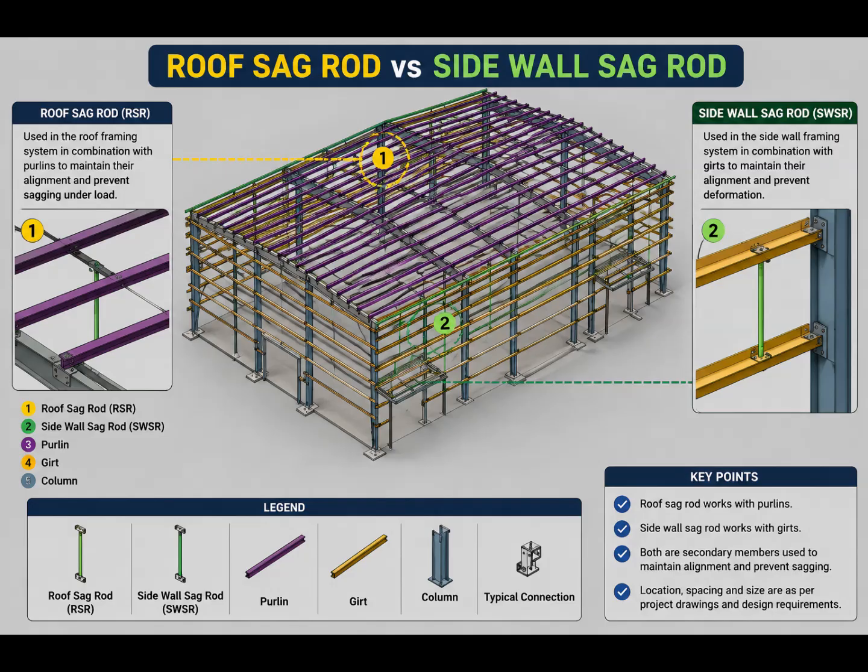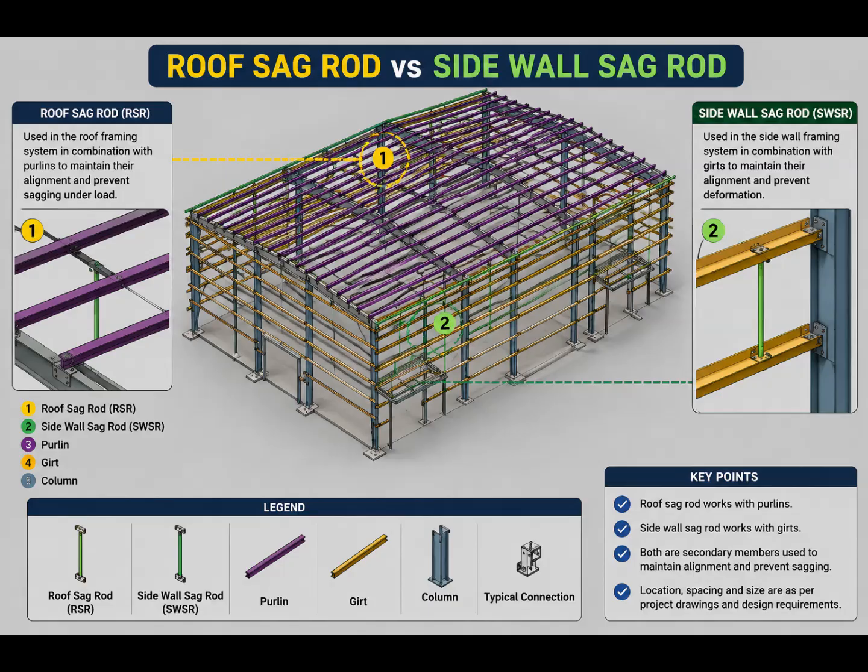The roof sag rod is located within the roof framing zone. Because the roof contains many repeated purlins, the sag rod arrangement can extend through the framing bays according to the project design. In the same way, the side wall sag rod is located within the side wall framing system and works with the horizontal girts.